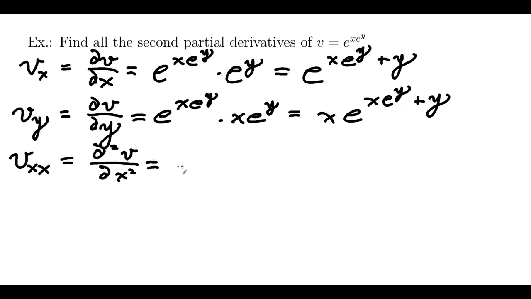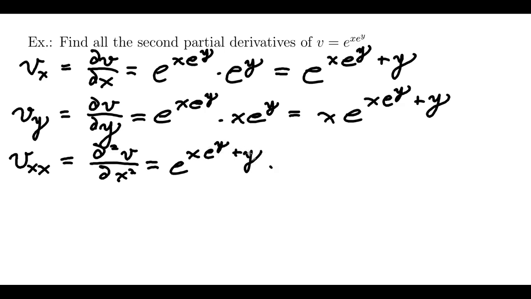Well, we have an exponential function. That doesn't change. We have e to the power of x e to the y plus y. And then the chain rule says we have to multiply by the derivative of what's inside of that. So the exponent, in other words.